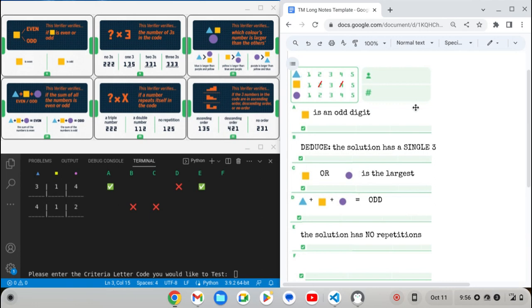No repetitions. Okay, there is a 3, but you could still have 2 evens. So square were 3, it couldn't be the largest, because then you'd have a 1 and 2 to pick from, and that would not give us an odd total sum. Obviously 1, well, yeah, that's just the biggest.